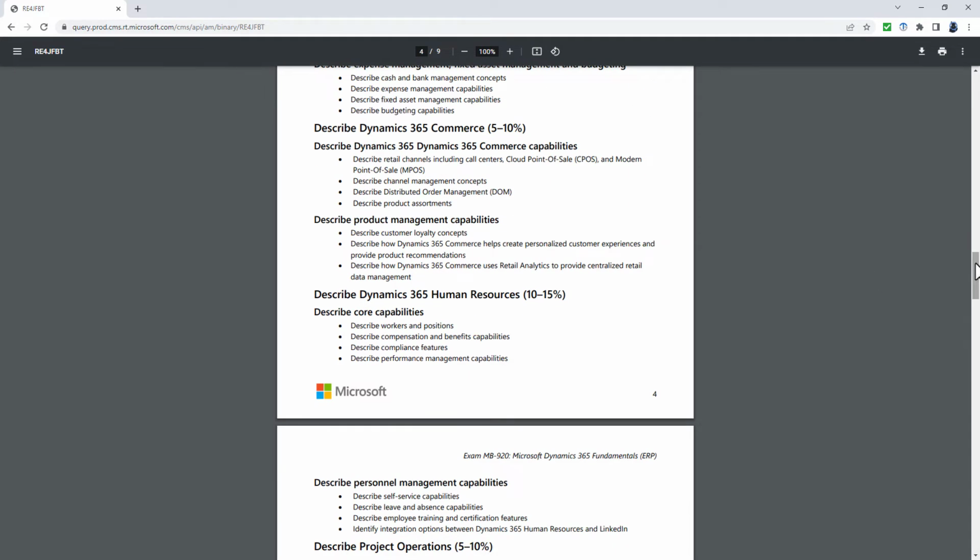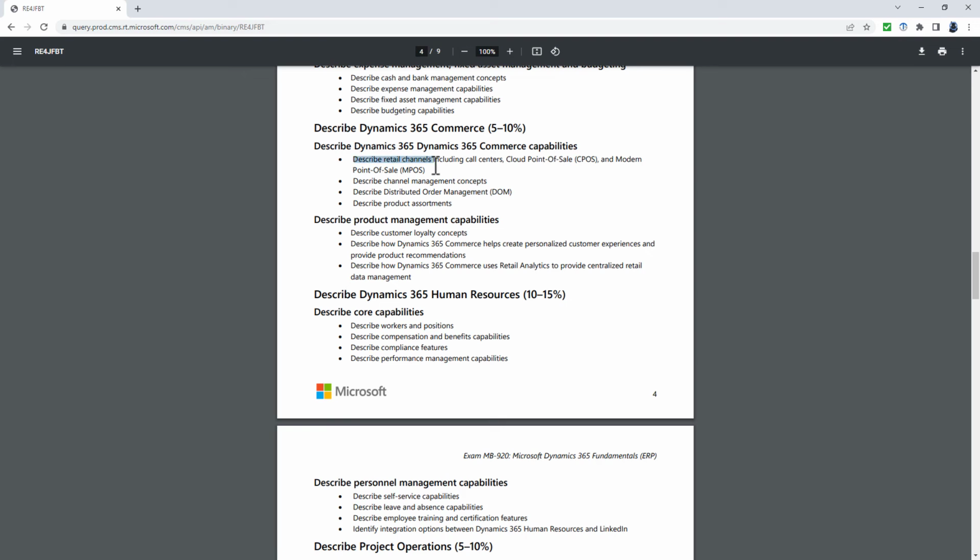In Dynamics 365 Commerce, this is where most of the changes are made, and this section is only 5 to 10% of the overall marks. So it's interesting that they're changing the bullet points, adding a bullet point in total, but not actually changing the total marks. So first of all, describe Dynamics 365 Commerce, and then there's this repetition, is changing to describe Dynamics 365 Commerce core capabilities.